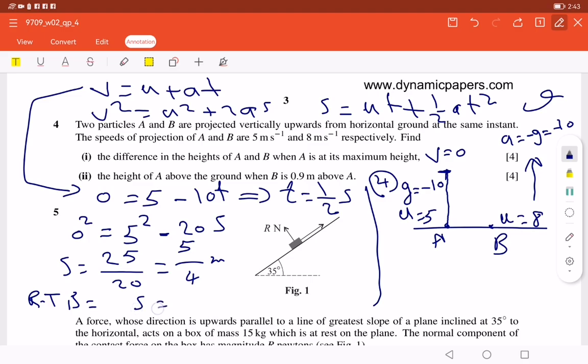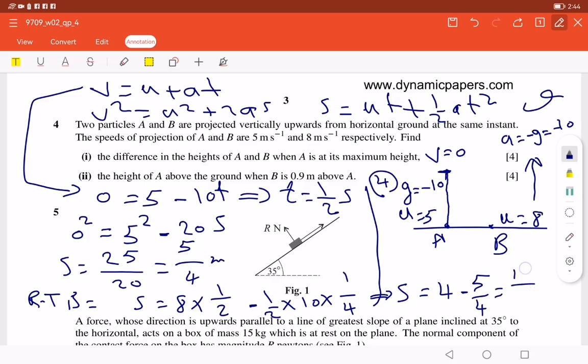So s equals u, the initial velocity of B, which is 8, multiplied by the time, half, minus half multiplied by 10, multiplied by half squared, which is a quarter. And now we can find s. s equals 4 minus 5 over 4, which equals 11 over 4.